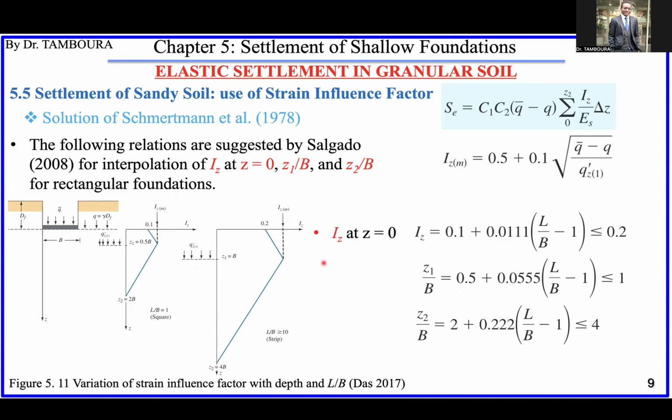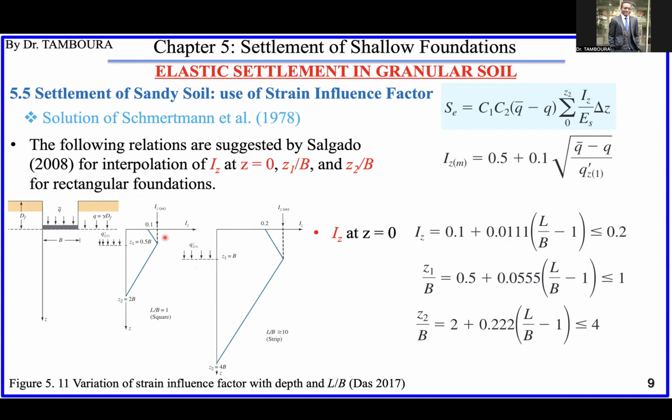Okay. For Z at 0, it means this value, for example, 0.2 or 0.1. How to estimate it for any rectangular foundation?